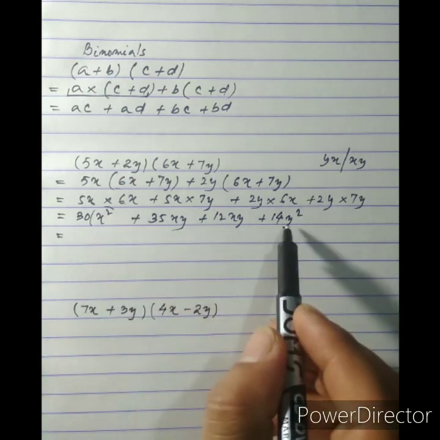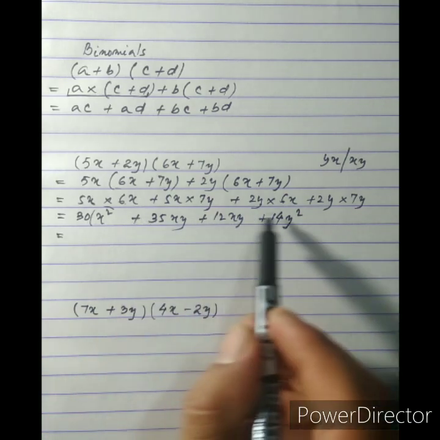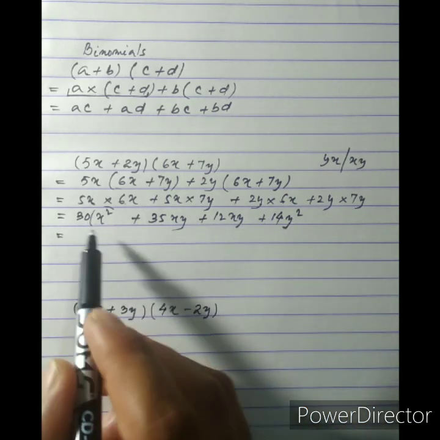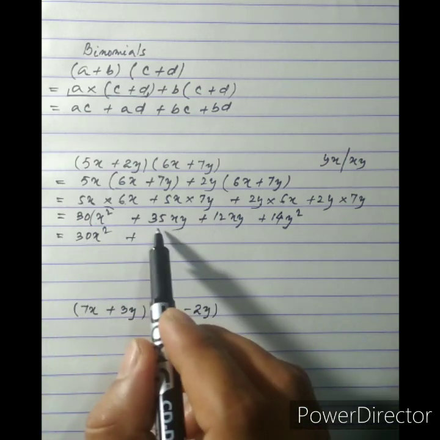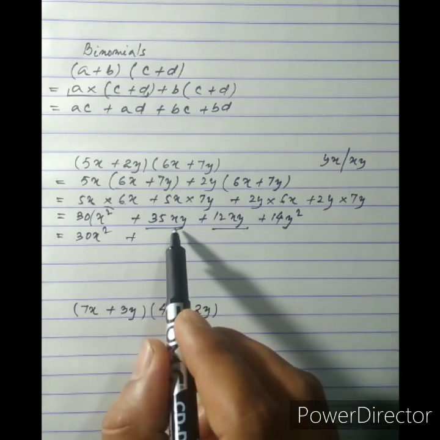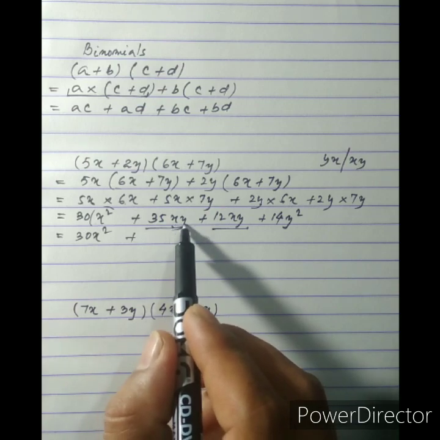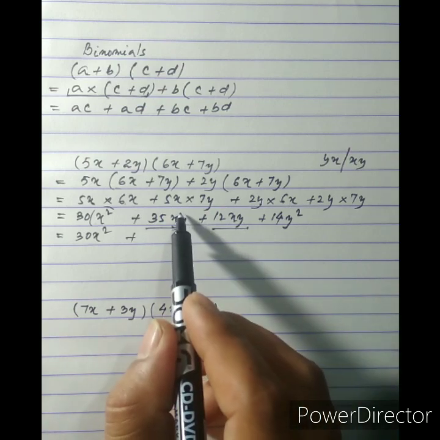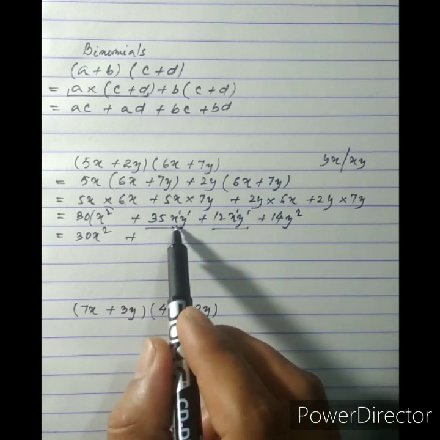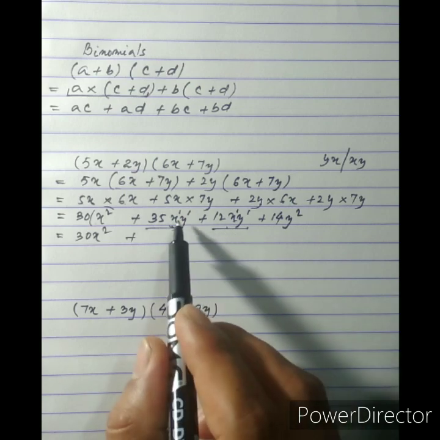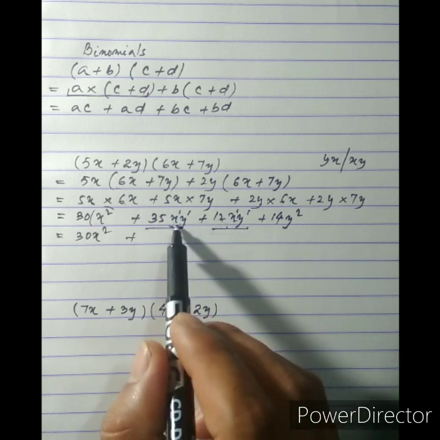Now we have to find for the like terms. For this one, I think there is not any other term having just x square alone, so we have to write just 30x square. But please look at here. In both the terms, we find here the presence of xy, and even here power x1, then here 1, here 1, here 1. Same type of variables, plus the respective powers are all same. That means these two are like terms.